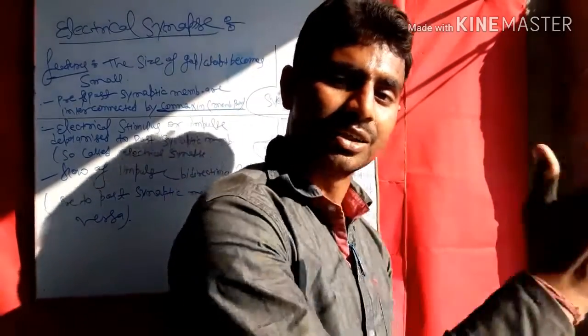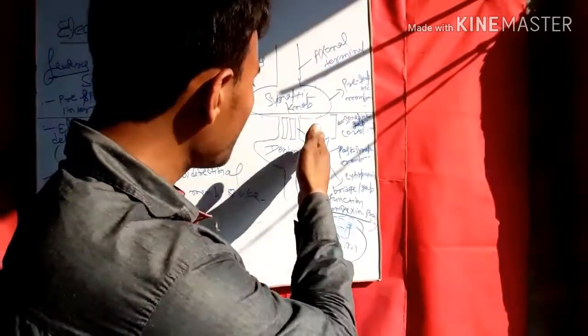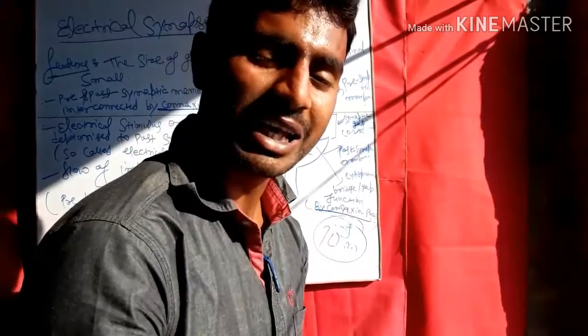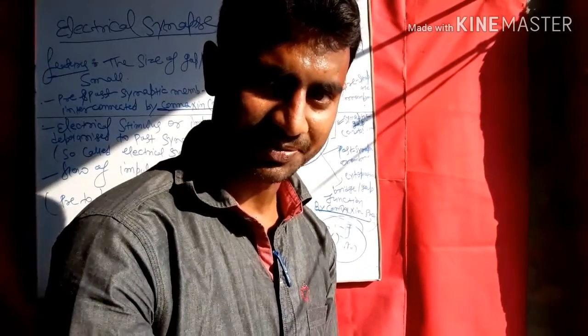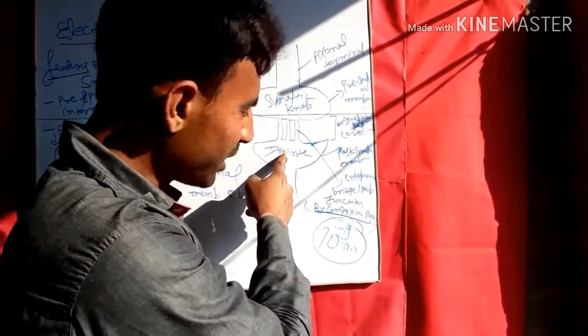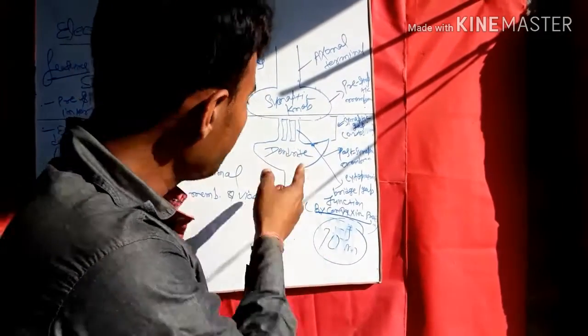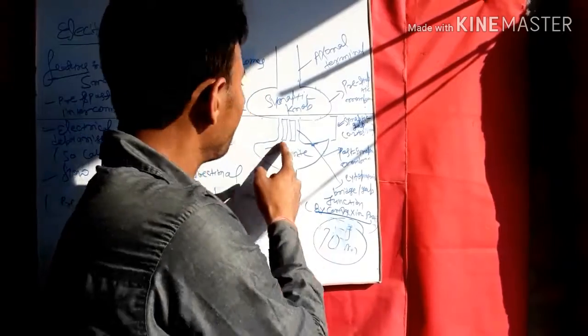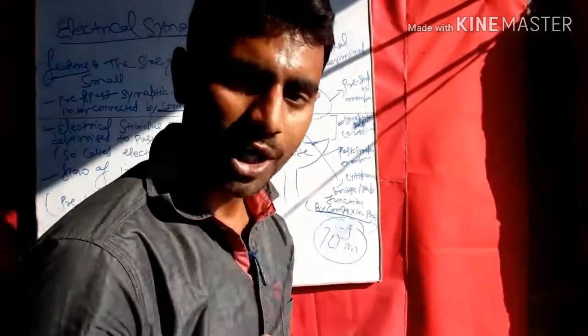The second very important point is that the flow of impulse in the electrical synapse is bidirectional: presynaptic membrane to postsynaptic membrane and postsynaptic membrane to presynaptic membrane, vice versa.